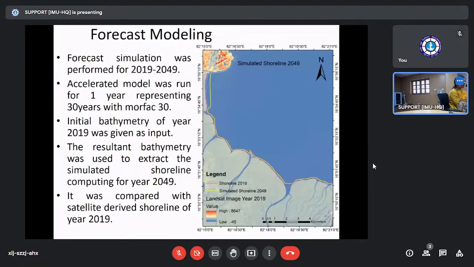Thereafter, a forecast simulation was performed. Initially it was performed again with MORPHAC 30 for a period of 30 years from 2019 to 2049.